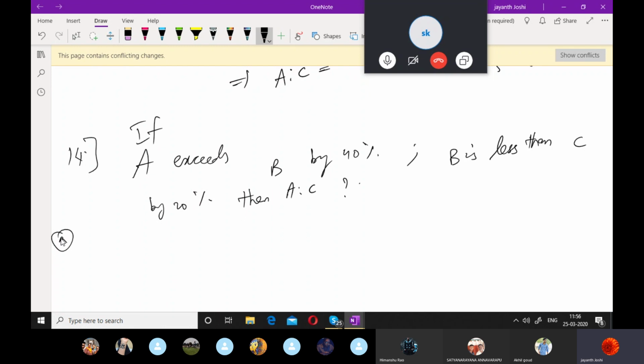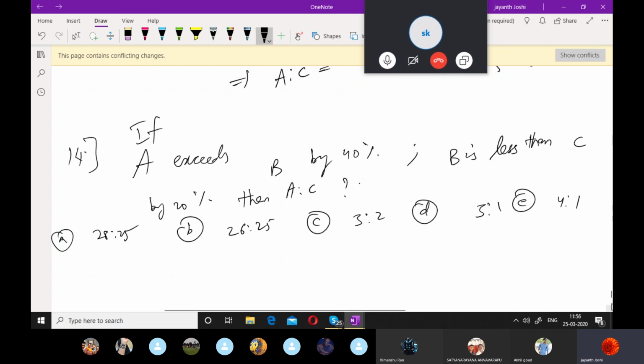So options are given: A 28 is to 25, B 26 is to 25, C 3 is to 2, D 3 is to 1, E 4 is to 1.